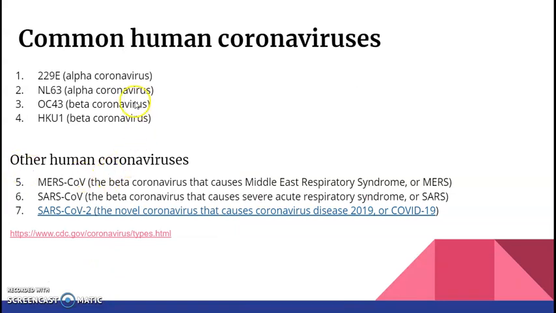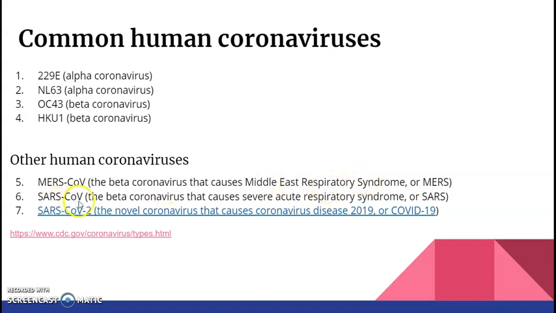As I said, there are about 4 types that are common human ones, and most of these just cause mild symptoms. But there are a few other coronaviruses that cause more serious illnesses. You may have heard of MERS, the coronavirus that causes Middle East respiratory syndrome.